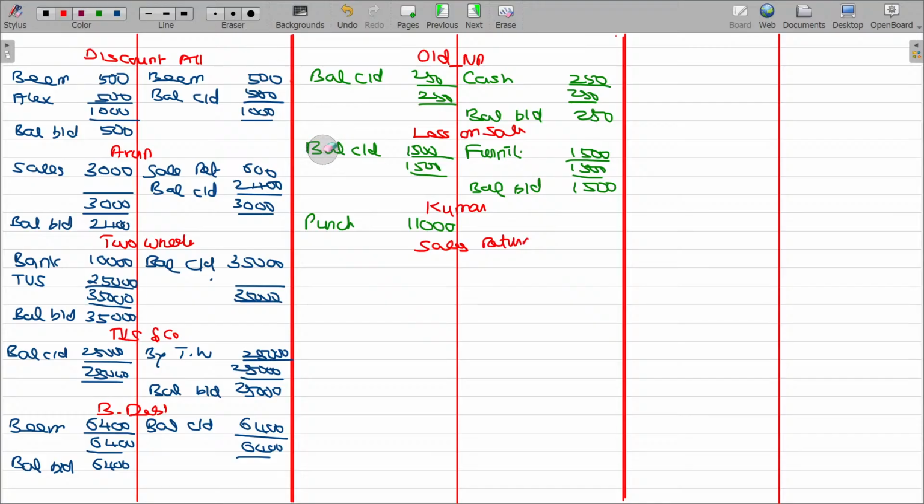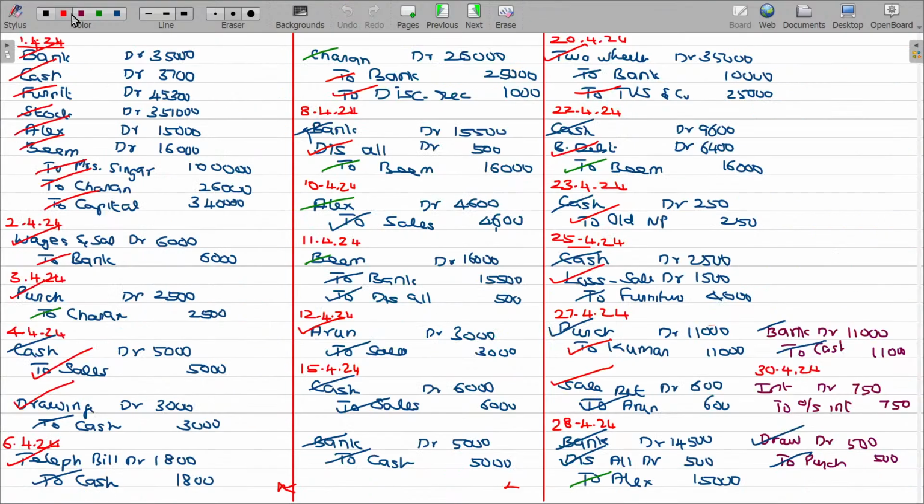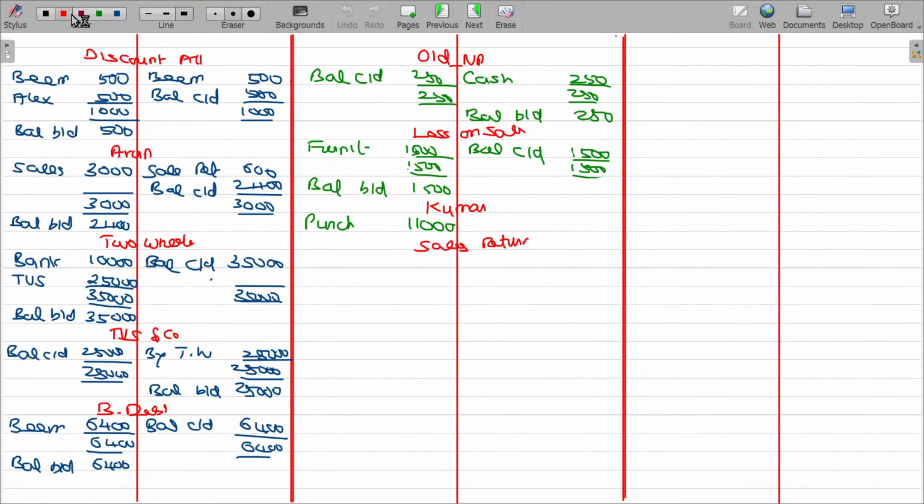It should be debit balance. Good. To furniture, and this will be balance carried on, balance brought down. Clear? Sales return, value being 600 to our own. Only one item. I leave it as it is.